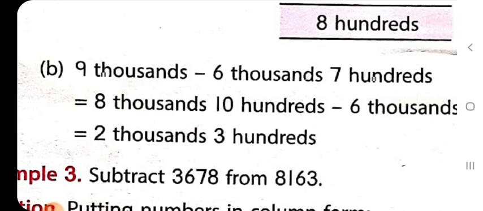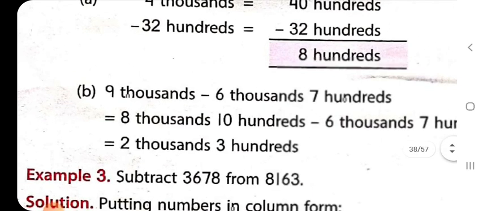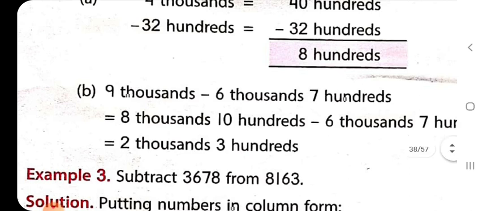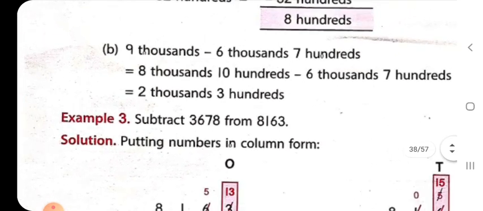So simply we will subtract 6000 and 7000 from 8000 and 1000, and the answer will be 2300. This is a little bit confusing, but just do practice, only then you will be able to understand. We will do these kinds of sum exercises also.